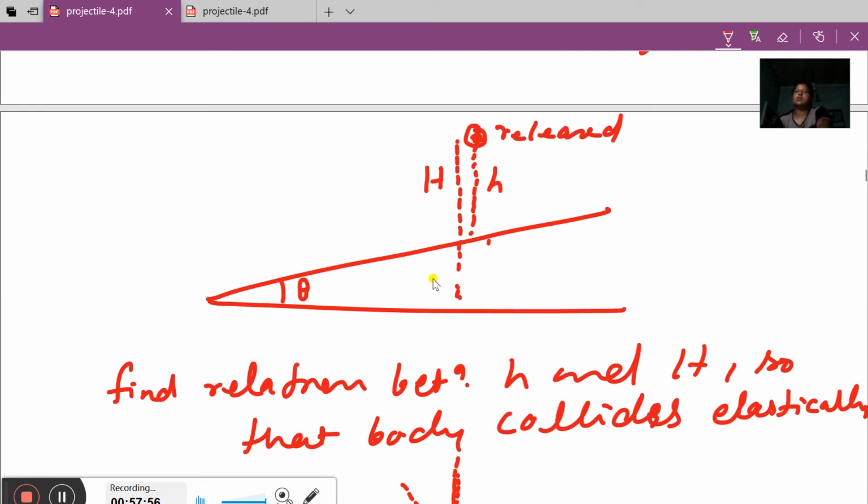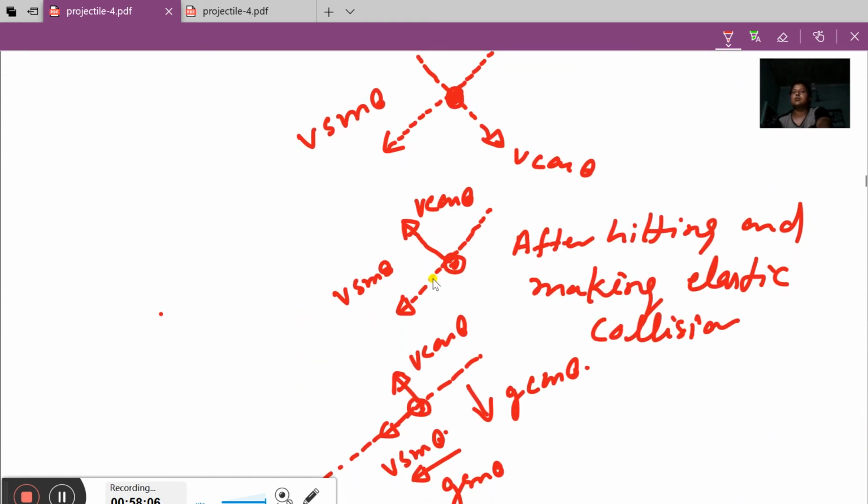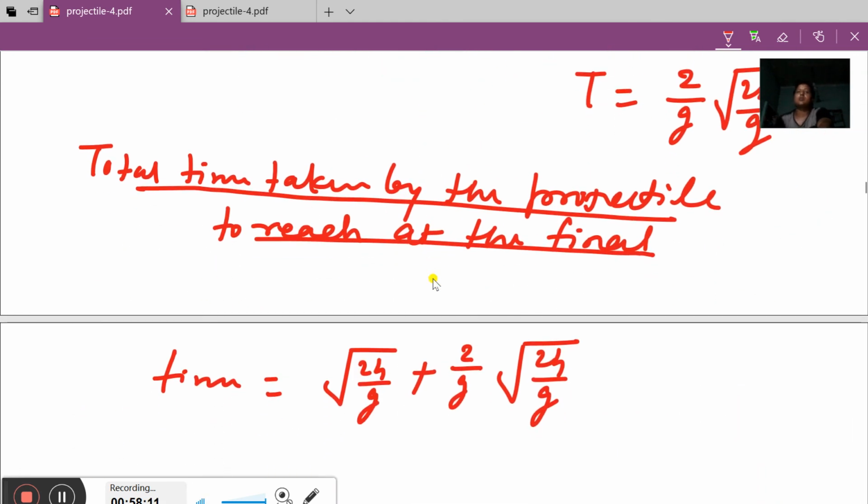In the question, this height is h. So this height comes out to be H minus h, and this time is under root 2(H minus h) over g.